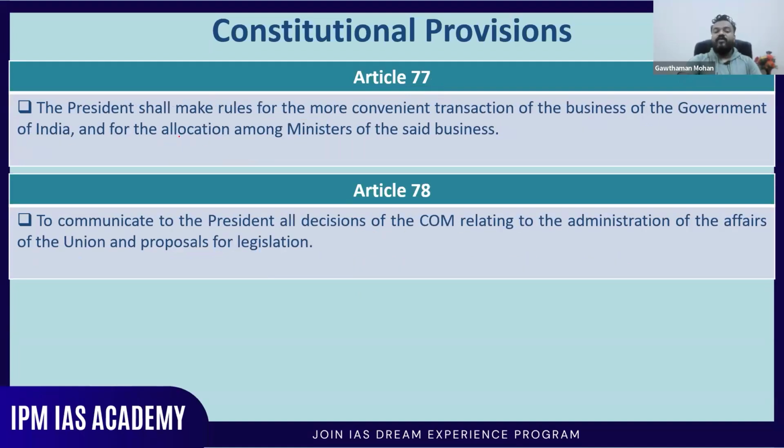Article 77 talks about the President making rules for the more convenient transaction of the business of the Government of India and for the allocation among ministers of the said business. And Article 78 talks about the duty to communicate to the President all decisions of the Council of Ministers relating to the administration of the affairs of the Union and proposals for legislation. So I've already told you that these are some of the articles which have some connection to the ministers and their powers.